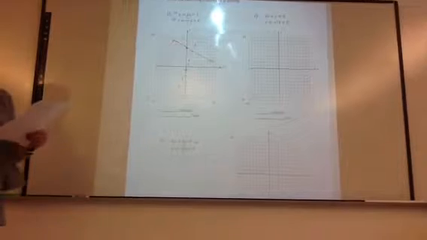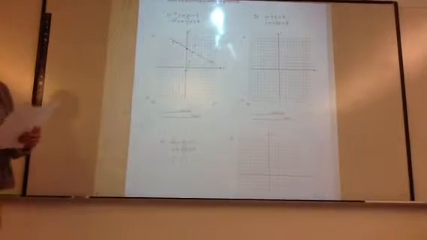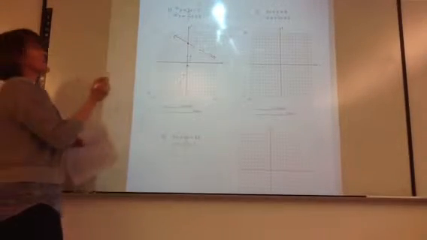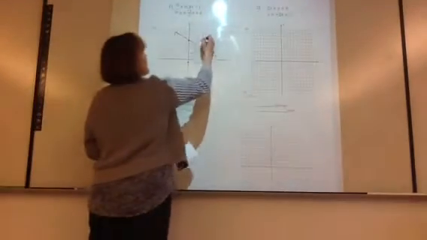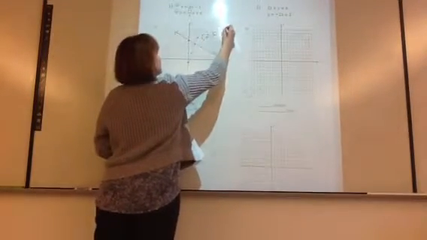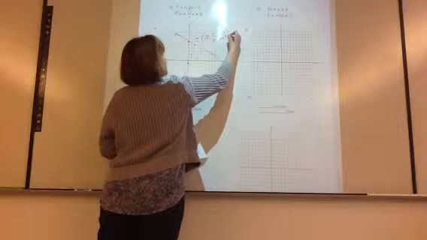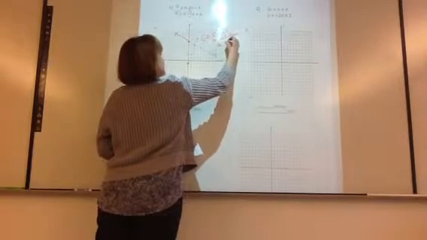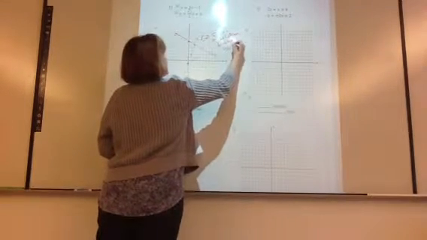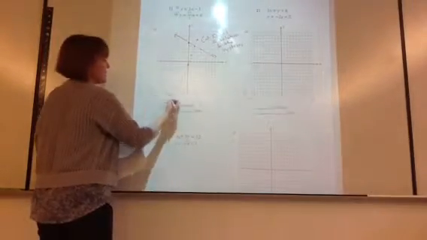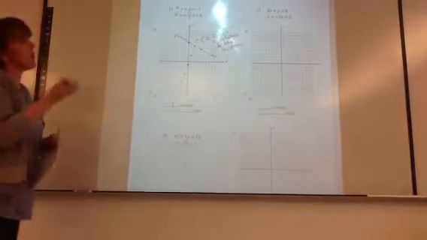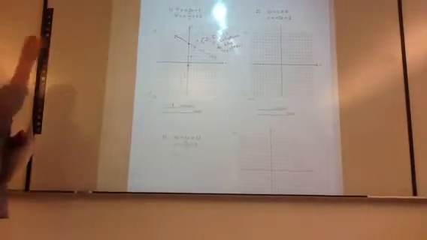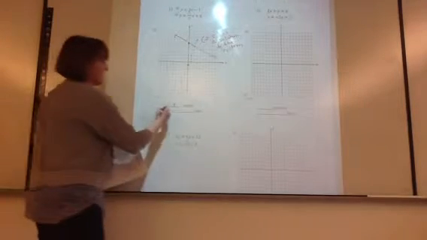Where did these two lines intersect? (2, 5). All right, so that means that (2, 5) is a solution for the system. So this has one solution. That ordered pair is the only set of (x, y) that will work in both equations. And these are intersecting lines.